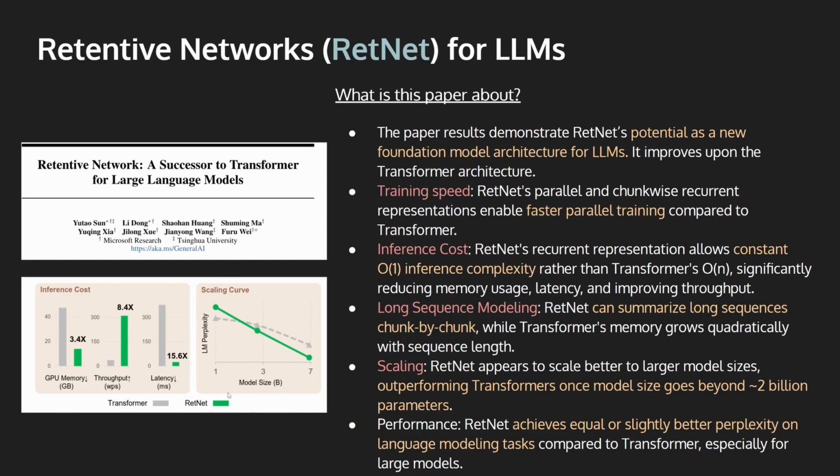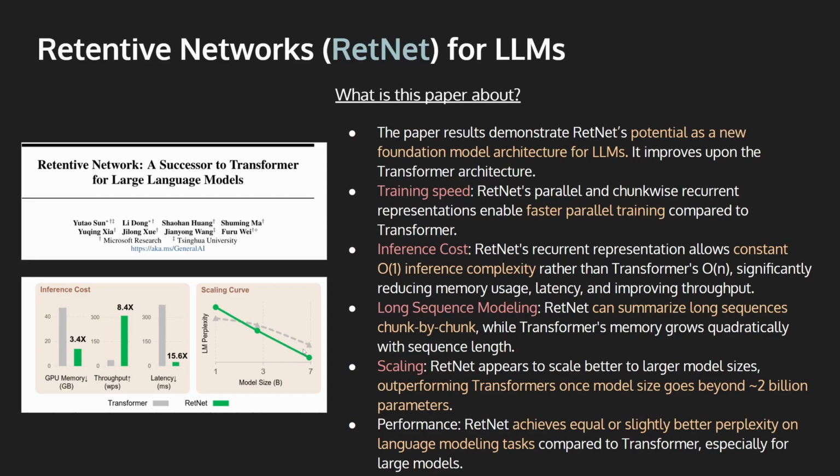So you can see from the graph here that it has better perplexity and it's much faster, right? Look at the latency, right? And also it takes up less memory in terms of GPU memory. So overall, it just performs better than the Transformer in every way.